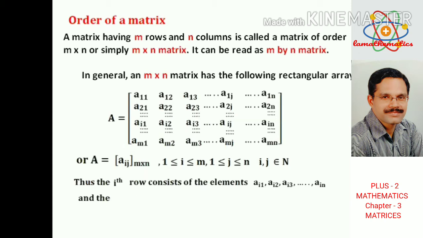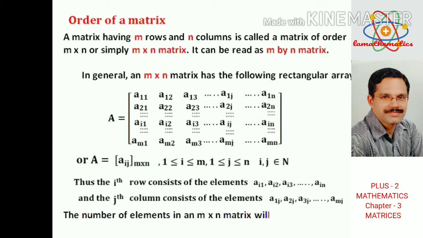And the jth column consists of the elements A1j, A2j, A3j, etc., Amj. The number of elements in an m by n matrix will be equal to mn.